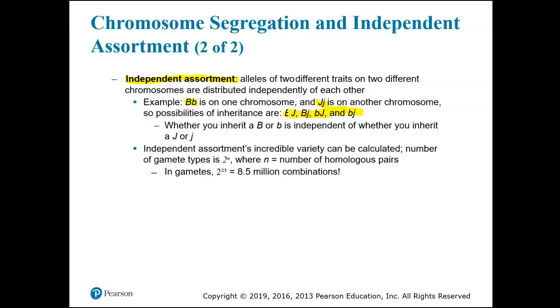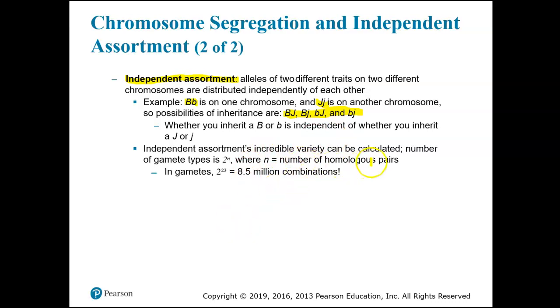Where independent assortment comes in is that it doesn't matter if you inherit big B, you still can inherit big J or little j. It doesn't matter if you inherit little b, you still can inherit big J or little j. So you get all the possible combinations. Whether you inherit big B or little b is independent of whether you inherit big J or little j. And you can actually calculate the combinations from independent assortment.